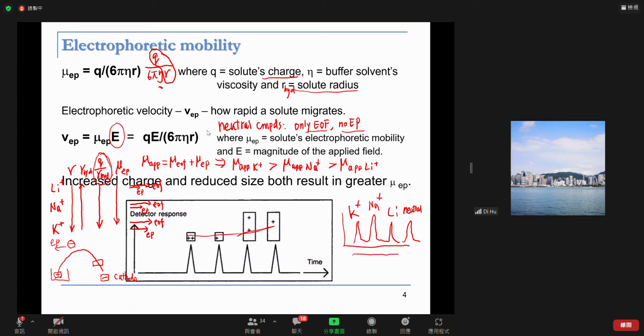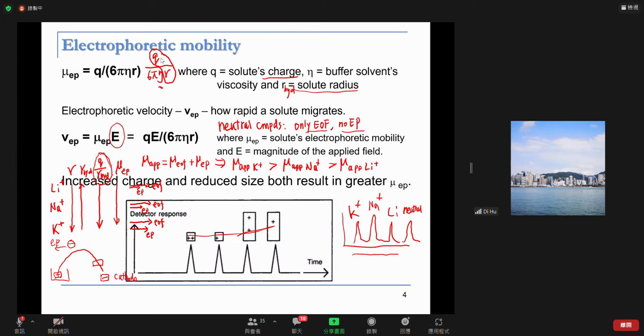But in CE, the one with larger charge density has the larger acceleration rate. It has more force to pull it to the end, to accelerate it, making it run faster.